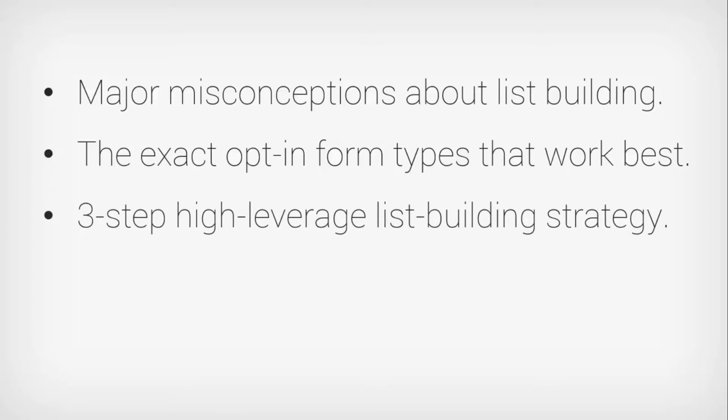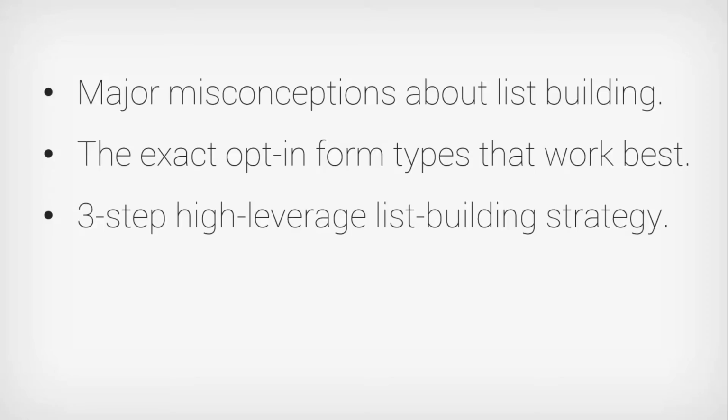I'm also going to give you a 3-step strategy. Okay, I worked a lot on this. I want to break it down to the simplest thing you can do right now. You can take away right now and put into action to boost your own list building efforts. Okay, so I'm going to show you a lot of material here, right? And if you're serious about learning about this, and if you're serious about building a super profitable mailing list, then I encourage you to take notes, because we're going to go through a lot of material here.